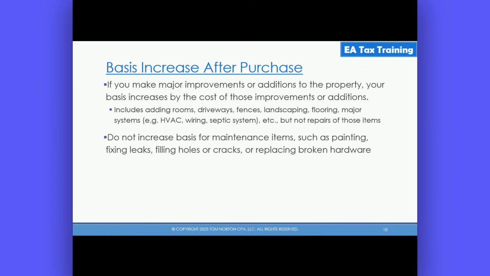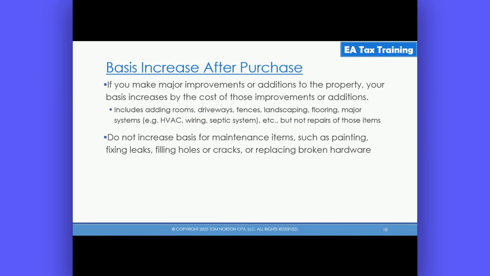Basis increase after purchase. So for any type of asset, it is possible to have an increase in basis after we purchase it. This is much more common, though, with real property. So if you make major improvements or additions to the property, then your basis increases by the cost of those improvements or additions.